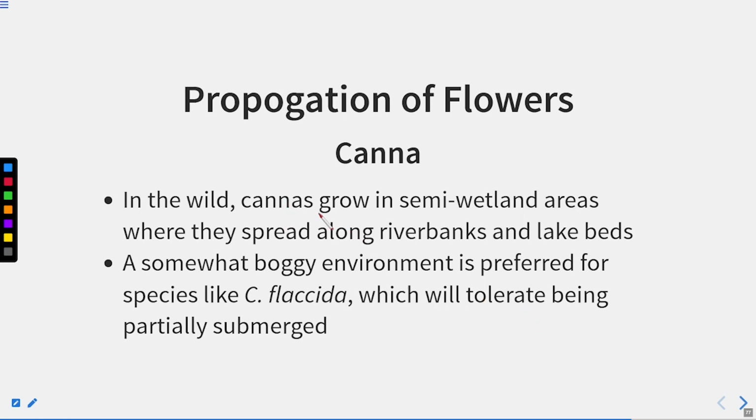In the wild, canna grow in semi-wetland areas where they spread along river banks and lake beds. So we find canna growing in the garden, but if we go to the wild, then also we can find canna growing in semi-wetland areas. What are wetlands?